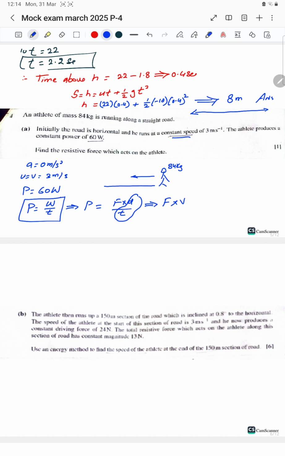We have derived a formula, P is equal to F times v here. So power is 60, we have to find the resistive force, and speed is what? 3, you are given. So F will be 60 divided by 3, which gives you 20 newtons. This is 20 newtons of force which is required to do this.